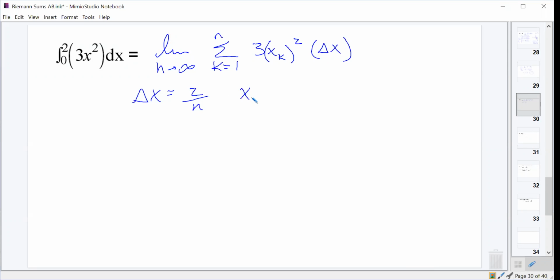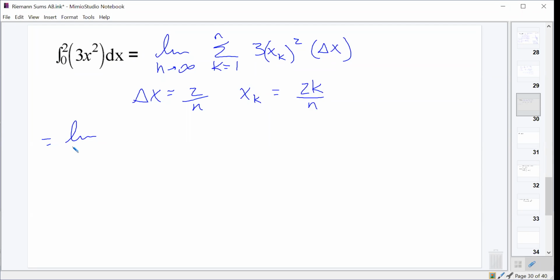And what will x sub k be? Should just be 2k over n. Right? It's a, which is 0, plus delta x, 2 over n, times k.